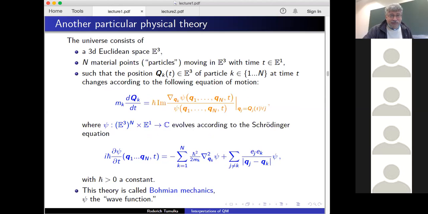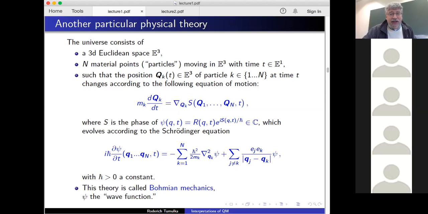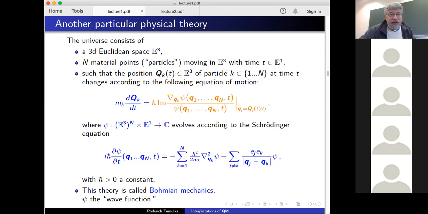Now, the equation of motion could be rewritten directly in terms of psi. Let me go back one slide. That was the previous slide. So what I did was just on the right-hand side of the equation of motion, I expressed the gradient of the phase directly in terms of the wave function. So that is the common way how you would write down Bohm's equation of motion.